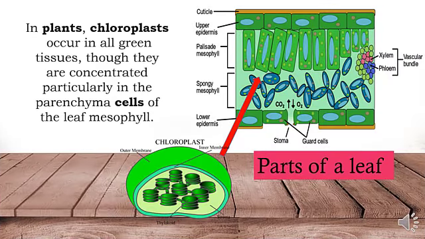In plants, chloroplasts occur in all green tissues, though they are concentrated particularly in the parenchyma cells of leaf mesophyll. So meaning, chloroplasts are mostly concentrated in the palisade and spongy mesophyll.